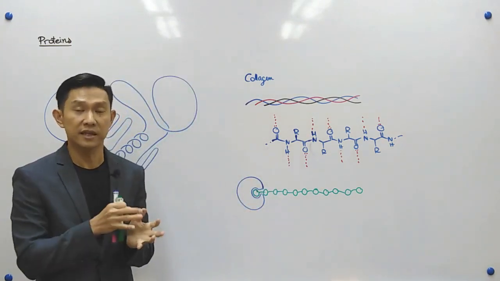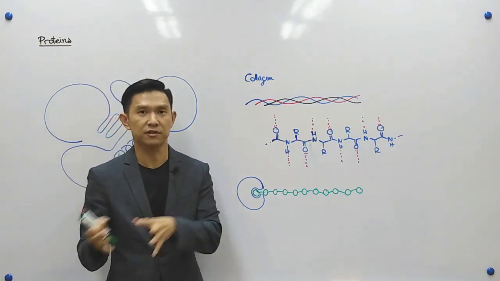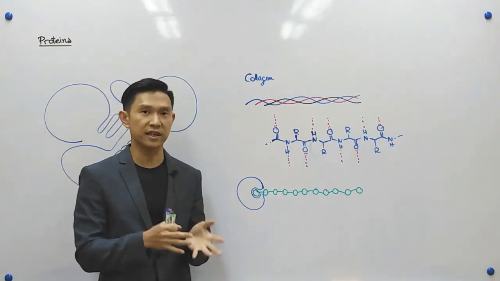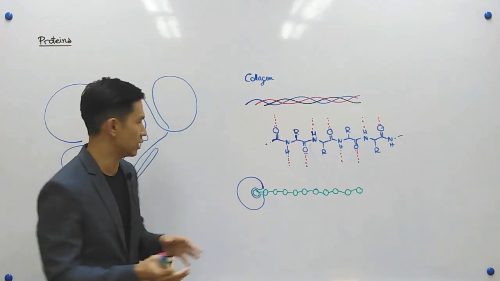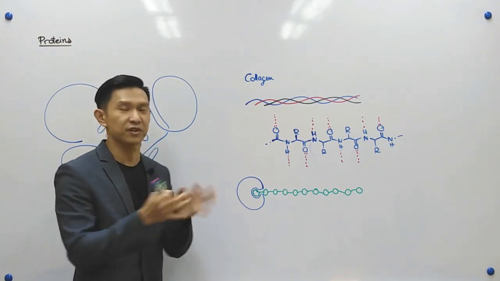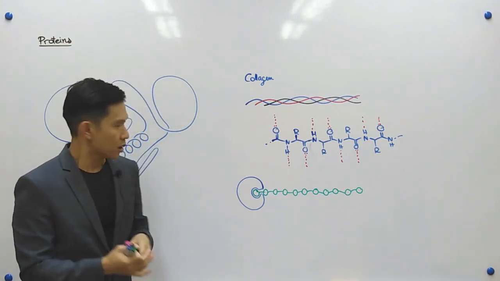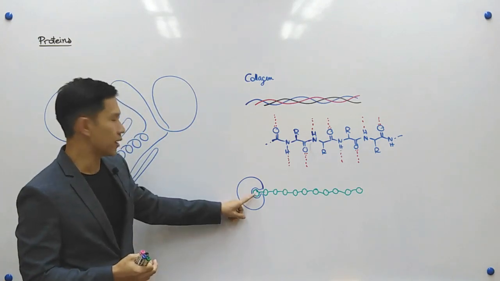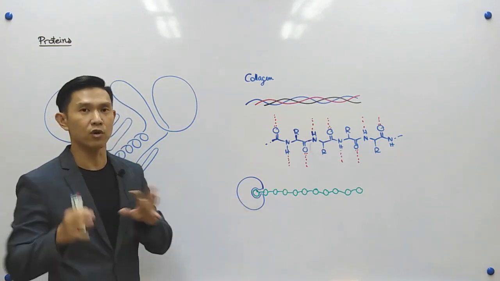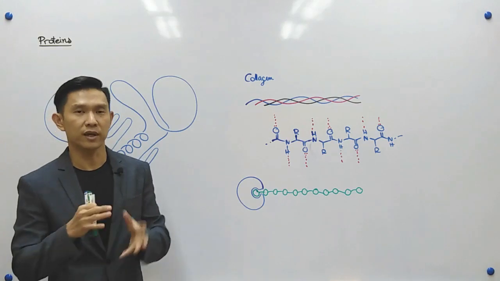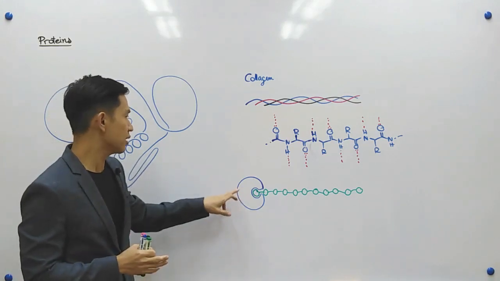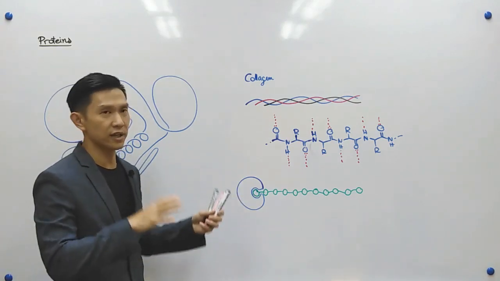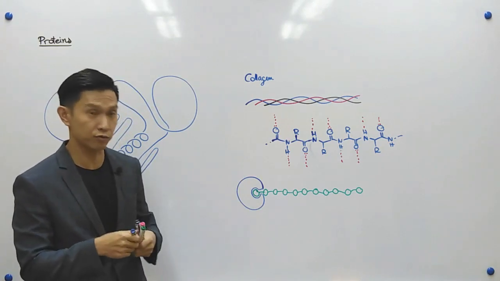Normally the enzyme is constructed from proteins. The protein that acts as an enzyme is normally in a spherical shape structure. And you know that the sugar here has several OH groups, and then you can have hydrogen bonding with this. So proteins also have NH, very polar groups as well.